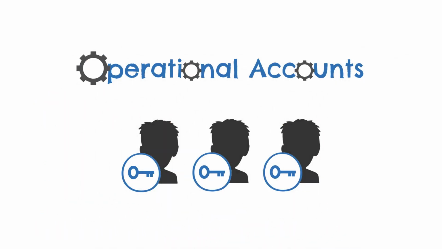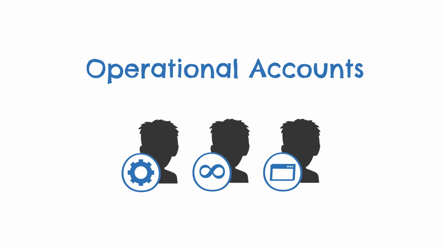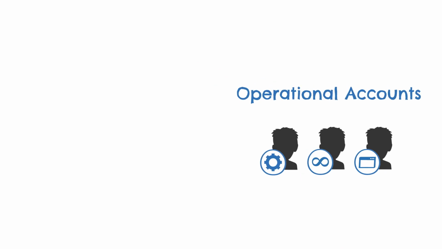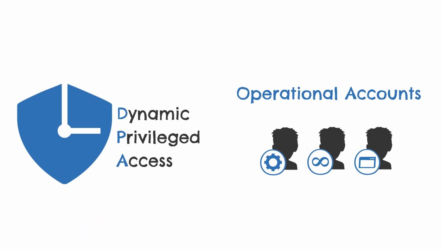The second group is the operational accounts, which are created to provide operational, administrative interactive access to authorized users, such as system administrators, DevOps engineers, or other privileged business users, such as application owners. Operational accounts don't need to exist 24/7. On the other hand, their existence creates a constant risk of breach, and this is where DPA comes into play.